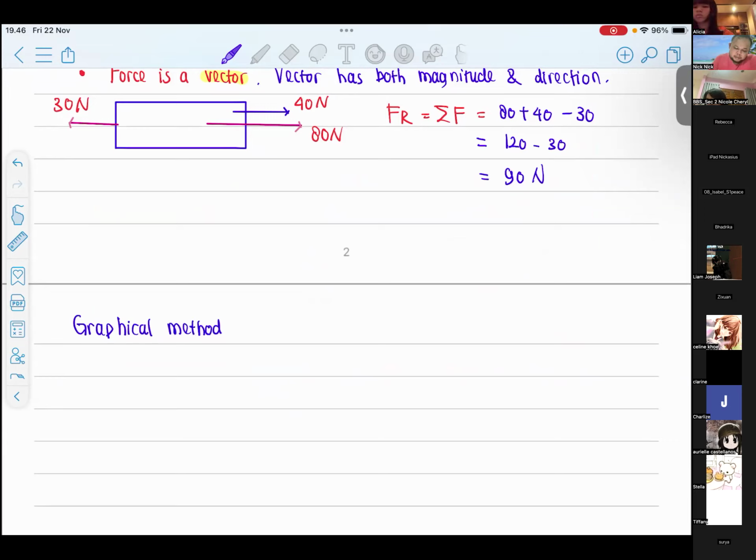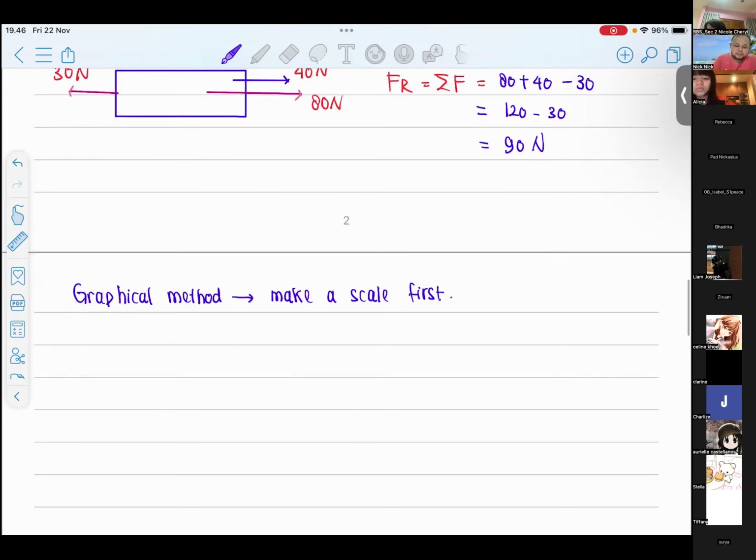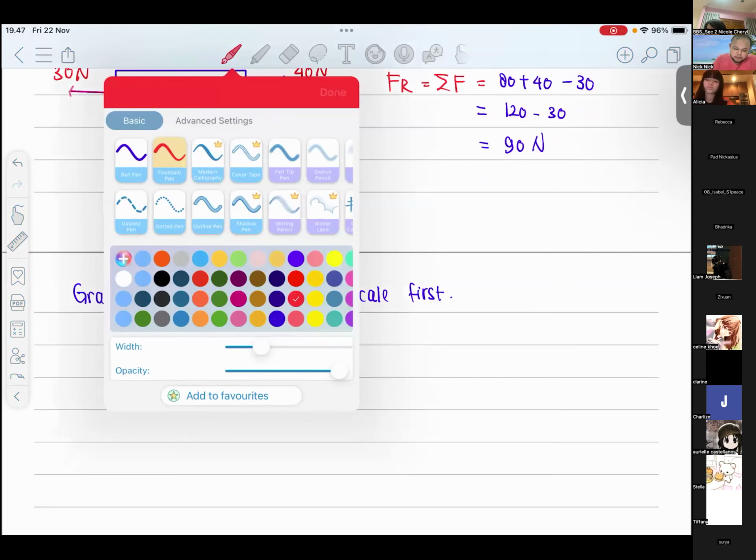Graphical method means you must have a skill to make a scale first. Okay. Example.